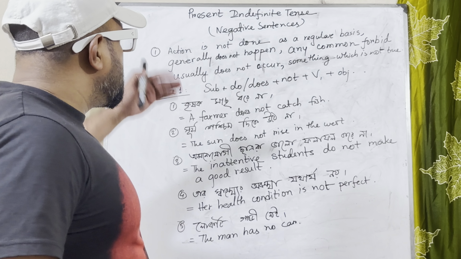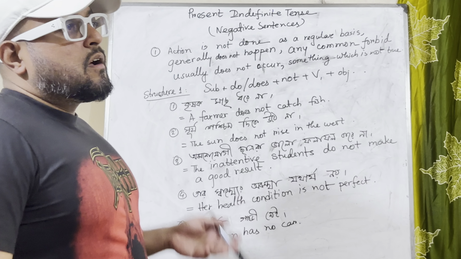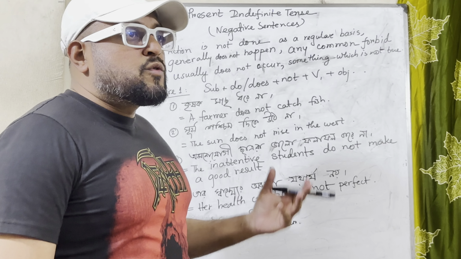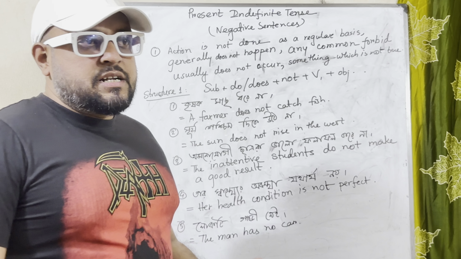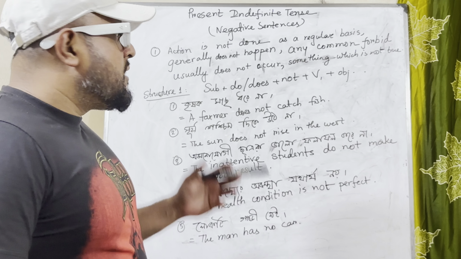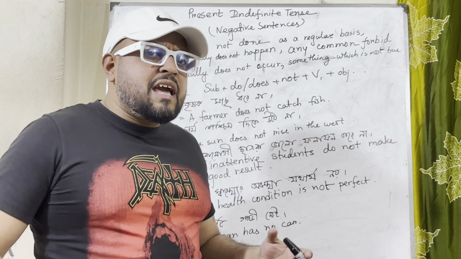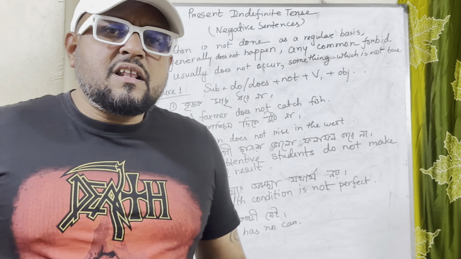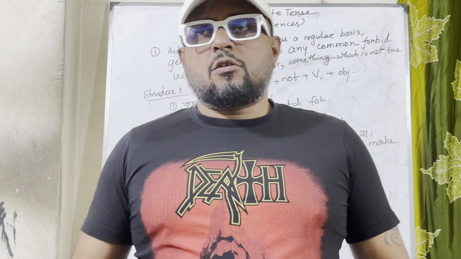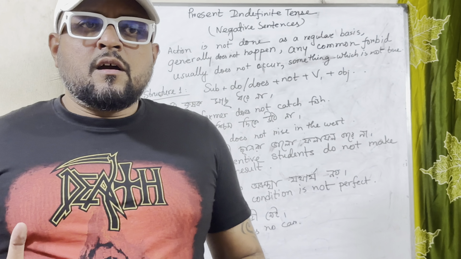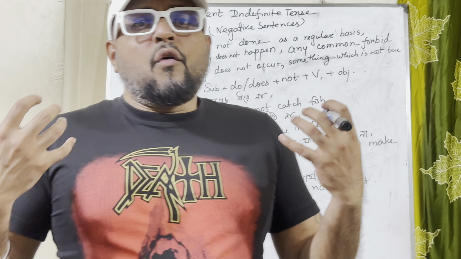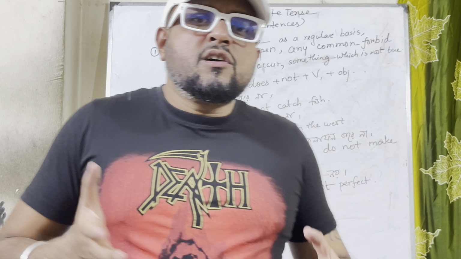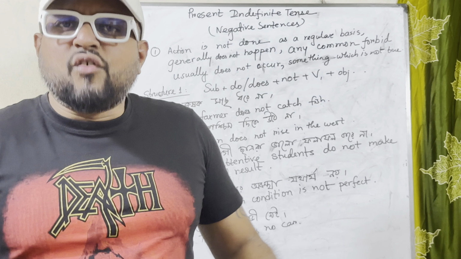Well, you can see when you should use present indefinite tense to form a negative sentence. Usually when we are talking about any action that is not done, or generally it is not done, or it should not be done, or it's a forbidden activity that people do not perform.